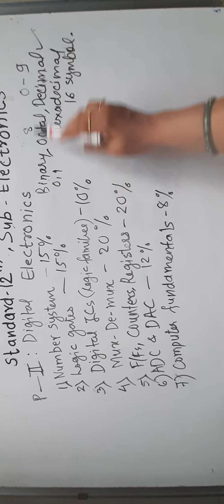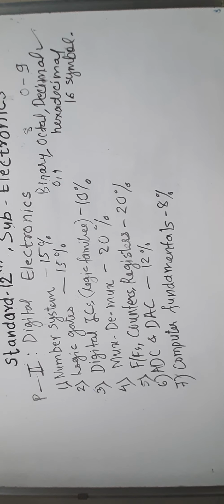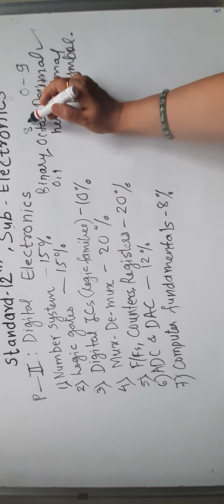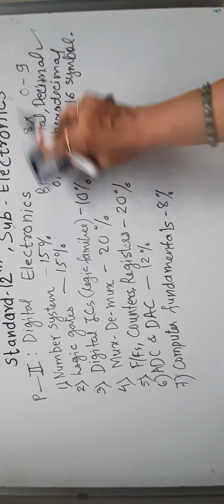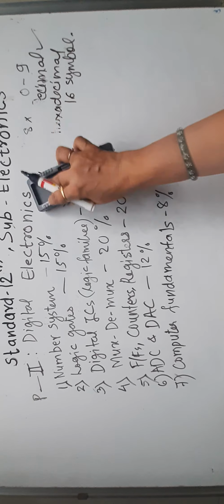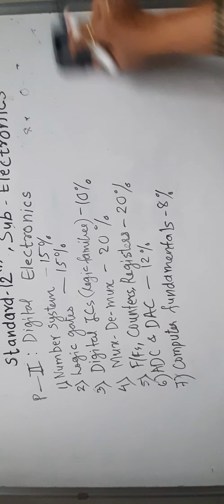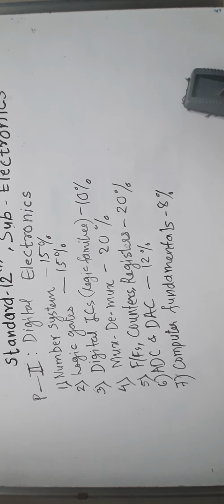We will see binary, decimal and hexadecimal, the 3 types of number systems, in short. We will not see the octal number system because it is not included in our syllabus. So we will see the 3 types of number systems in the first chapter, and how any number is converted from one number system to another.